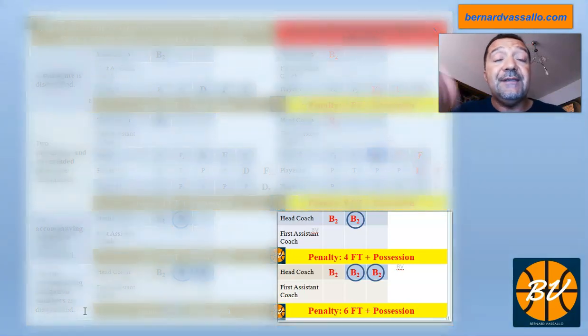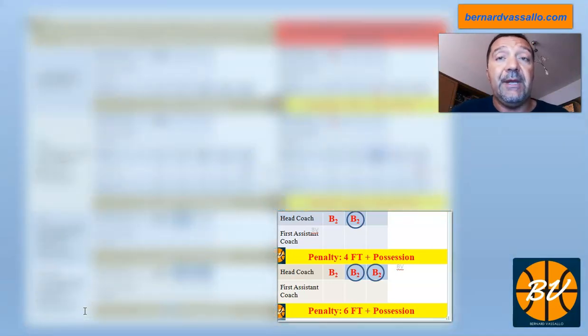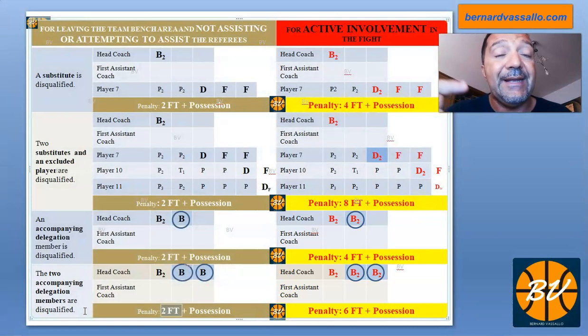If the delegation members enter onto the court and also actively involve themselves in the fight, the situation changes a bit. In the first instance, if our friend, the injured player, actively takes part in the fight, he will be disqualified.